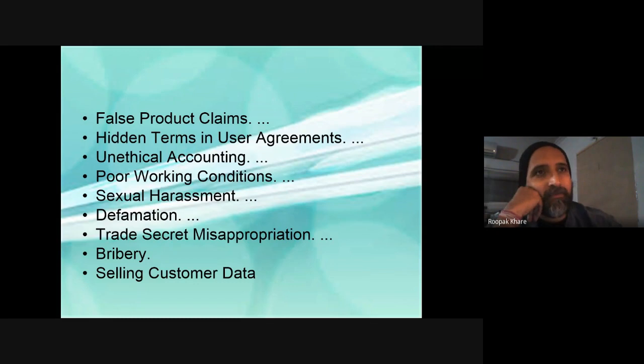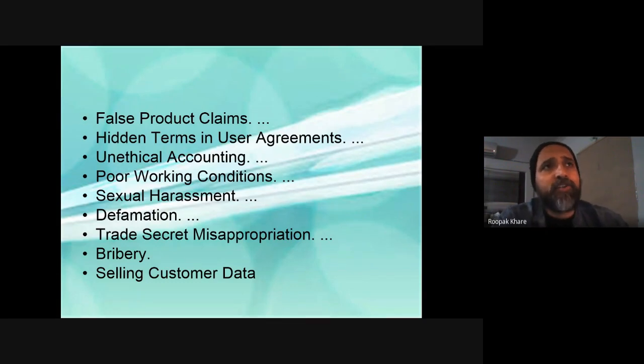Unethical accounting. In a lot of restaurants, they bill the amount of the dish that you've ordered. They would levy certain taxes on them, and they will add certain surcharges or service charges to them, and they would also accept some kind of tip. Unethical accounting.